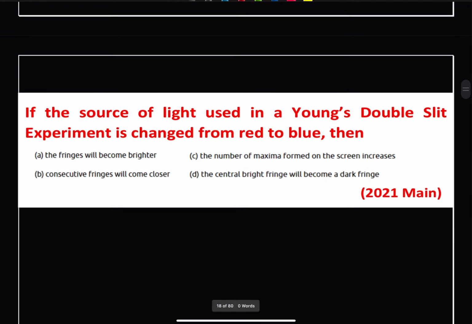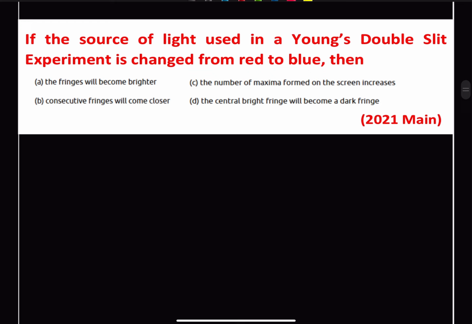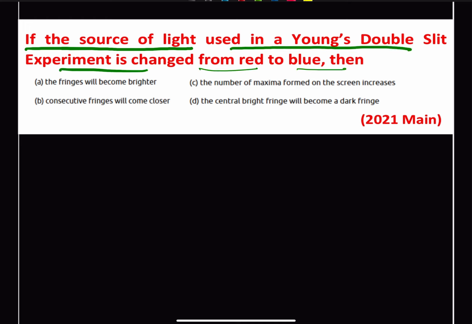Next question. It states that if the source of light used in Young's double slit experiment is changed from red to blue, then we have to find out what is going to happen with the fringe width, the central bright fringe, consecutive fringes, as well as the maximum number of maxima on the screen.